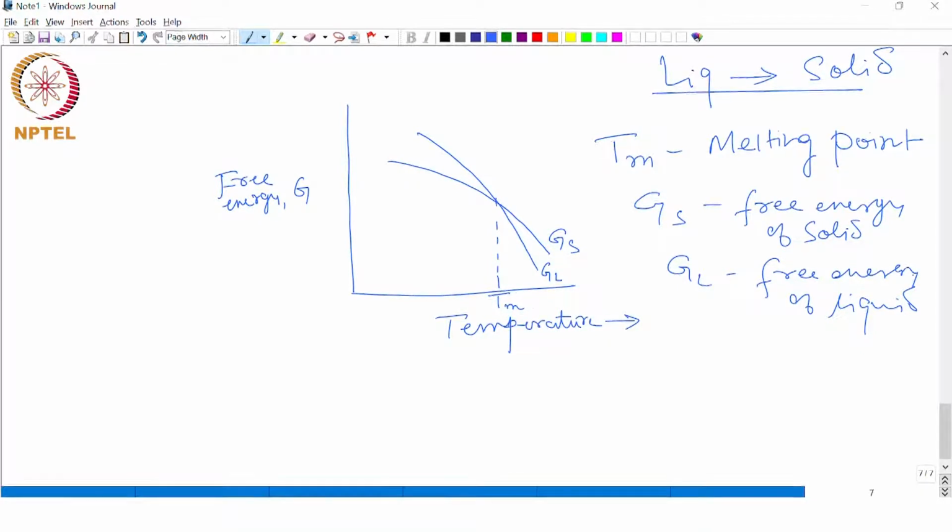So, now you can look at these curves on the left and right of the melting point Tm. That means, if you come to this side or that side, what do you see in the free energies? Okay. So, above the melting point you can see the free energy of the liquid is lower than that of the solid.